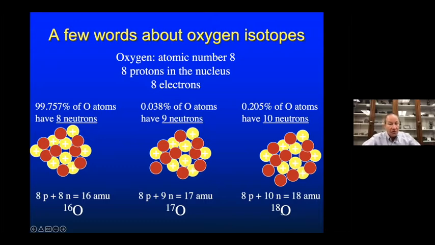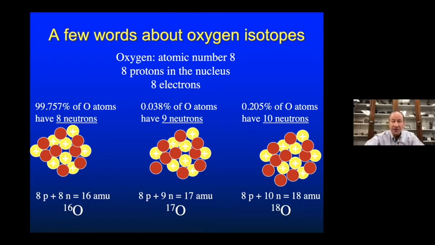And all of these are stable. They all last as long as oxygen lasts. All of them are oxygen. They're in the rooms that each of us are sitting. They're part of the 20% of oxygen in our atmosphere. We breathe them in, we breathe them out as part of the CO2 that our bodies produce.